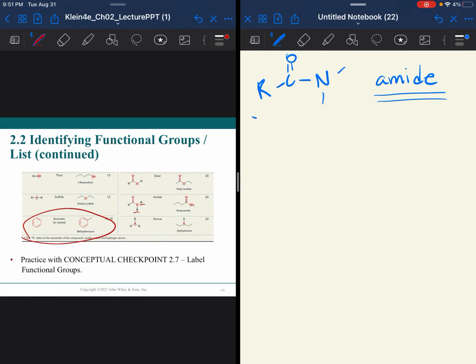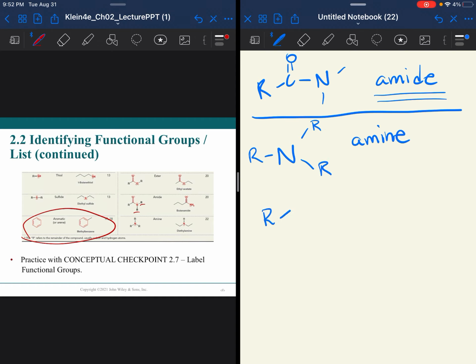I believe that is all of our carbonyl-containing functional groups. So I do want to take a minute to talk about nitrogen functional groups. Now, NH3 is ammonia. You learned that in Gen Chem. But if there is any R group connected to it, it's an amine. Now, it could be 3 different R groups. It could be 1 R group with 2 hydrogens on it.